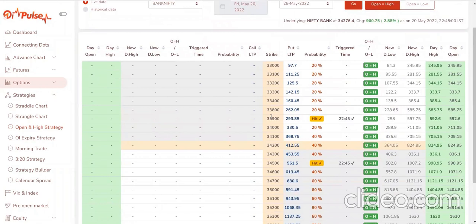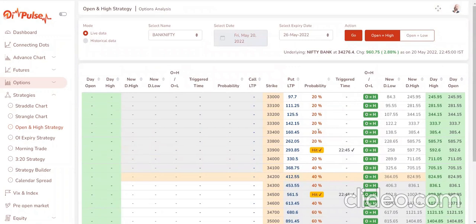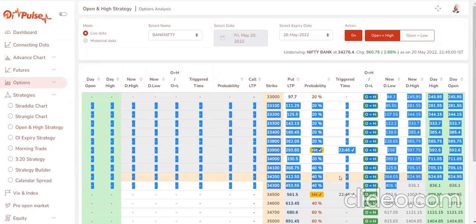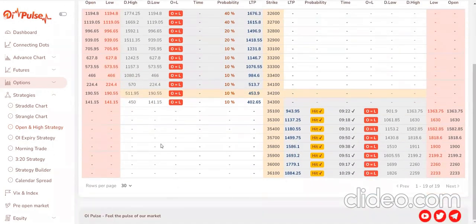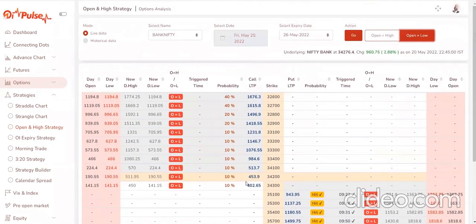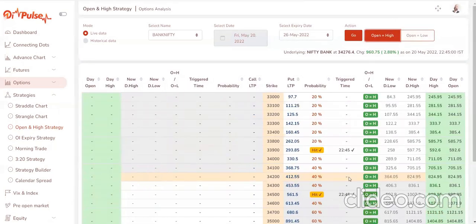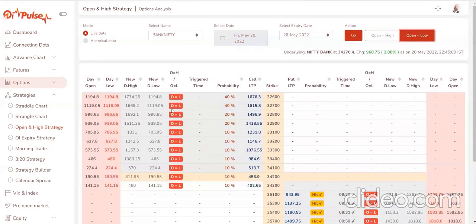So if some such situation happens, it can take 1 to 2 days where these targets will be hit on the lower side, because calls also have open low, so if the market had gone down, these open high targets would have been met, and these open low targets on the call side would have been met.